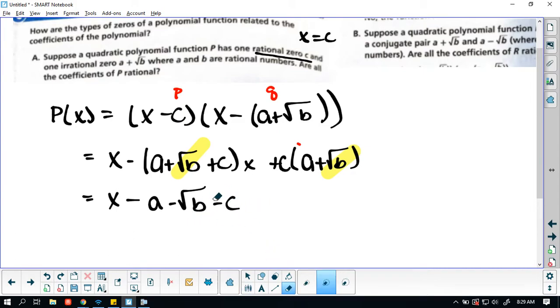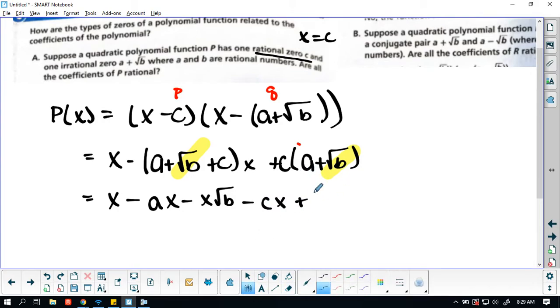Oh, these are all x's. So x squared minus ax minus x root b minus xc, coefficients always first, plus c a.